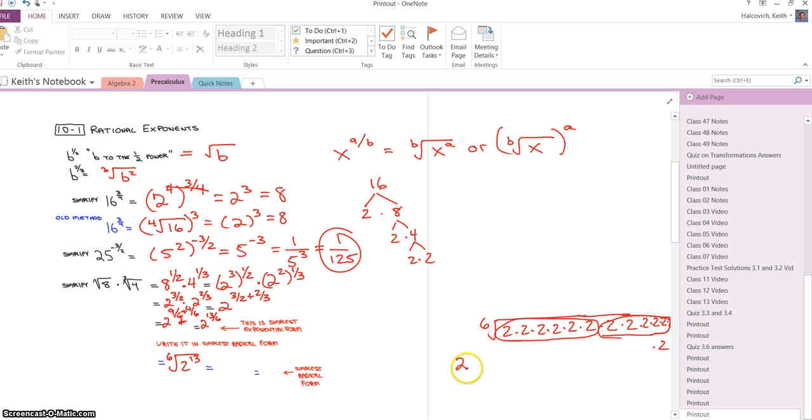So you have 2 times 2 times the 6th root of 2. So that means it's 4 times the 6th root of 2. Because another way to write this, 2 to the 13/6 is equal to 2 to the 12/6 times 2 to the 1/6. Well, 2 to the 12/6 is 2 squared times 2 to the 1/6. So that's 4 times the 6th root of 2.